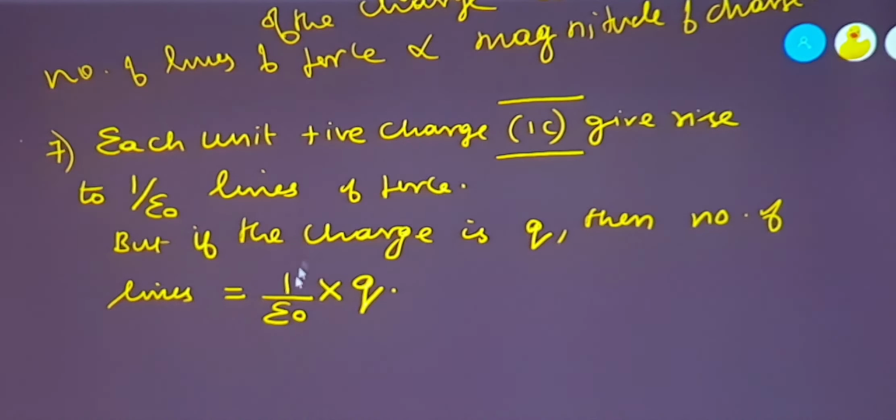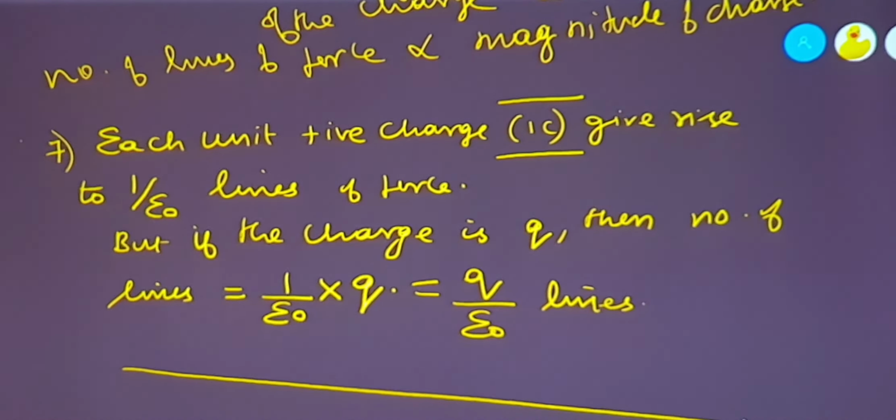So this is point number 7, or this can be written as Q by epsilon 0 lines. So we can say this is point number 7. See, we have studied 7 points in order to get the rules to draw the electrical lines of force.